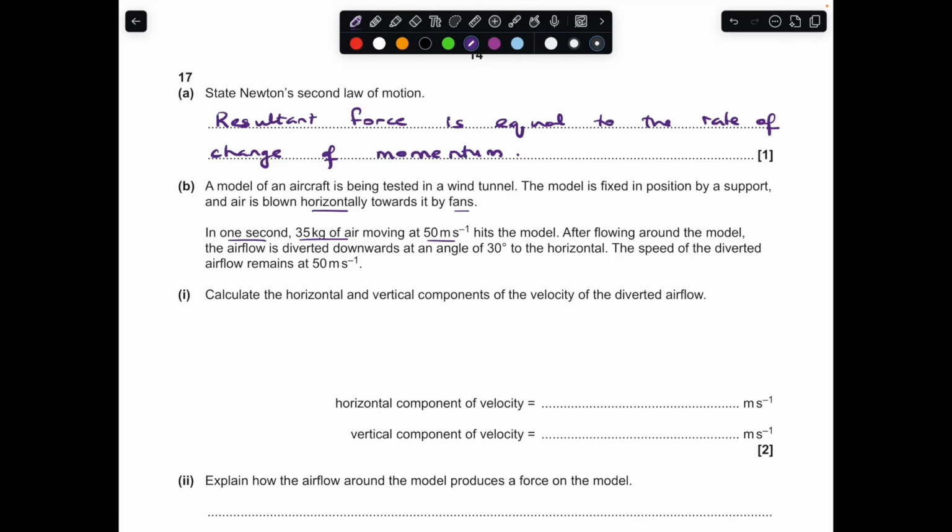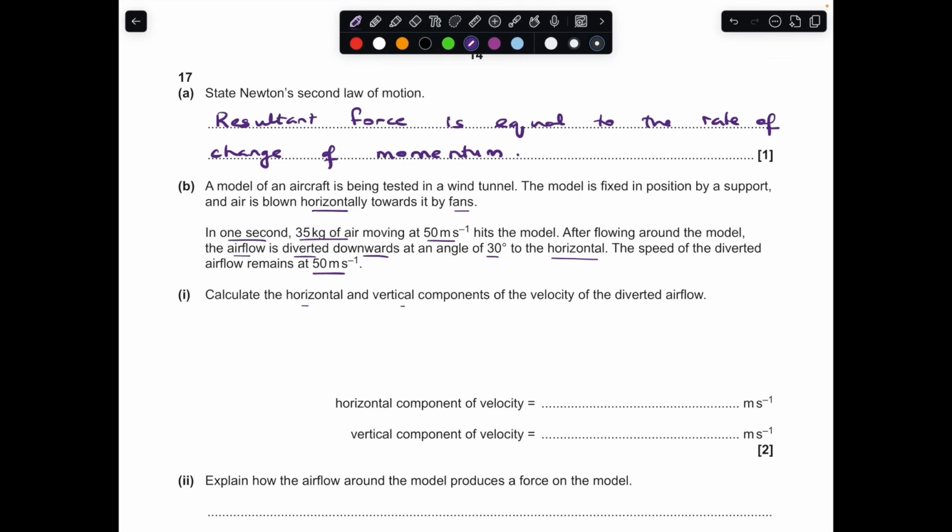After flowing around the model, the airflow is diverted downwards at an angle of 30 degrees to the horizontal. The speed of the diverted airflow is still 50 meters per second, and we have to calculate the horizontal and the vertical components of the velocity of the diverted airflow.